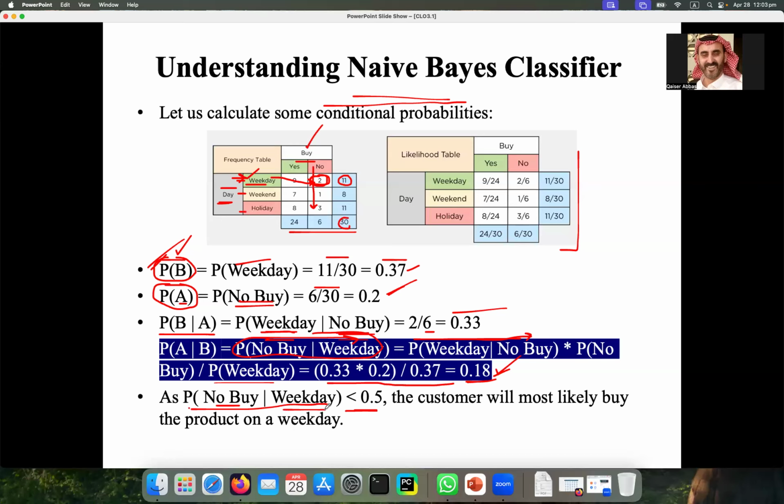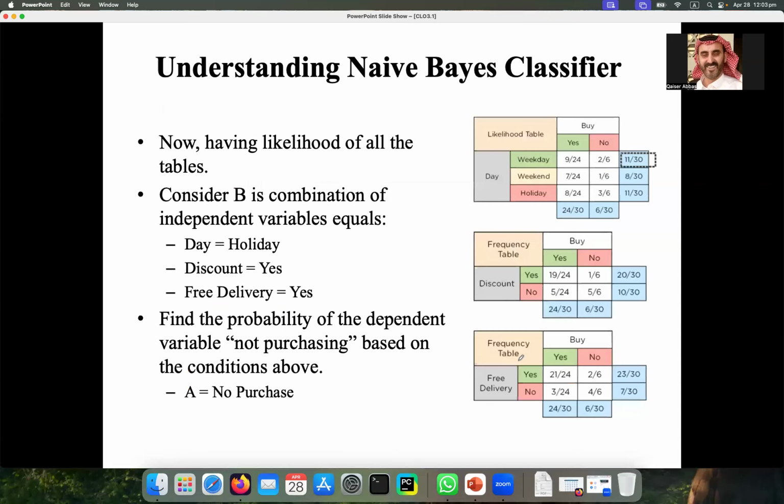The opposite will occur. What does it mean? It means the opposite will occur, and the opposite of this is buy. So the event of buying a product on a weekday is now most likely to occur in this situation.